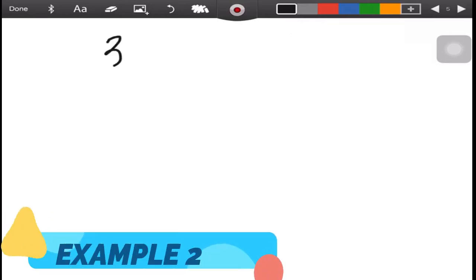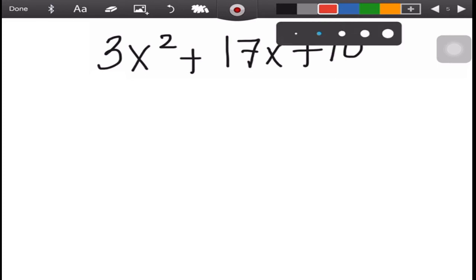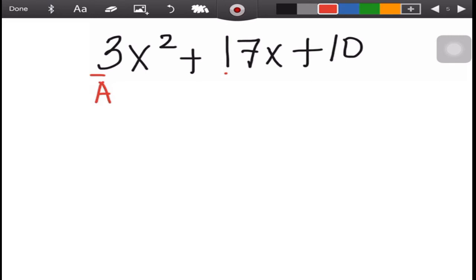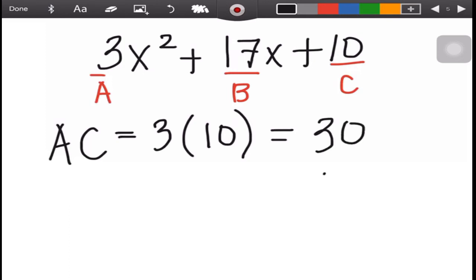Factor 3x squared plus 17x plus 10. So first, identify your A, B, and C. And then we will have AC. Our A is 3. Remember, don't include the variable. And then times 10, that is C. 3 times 10, that is 30.